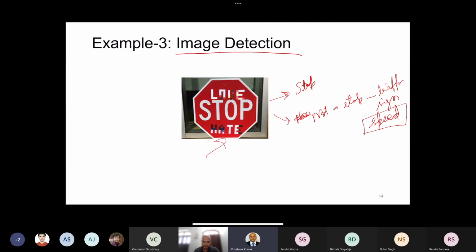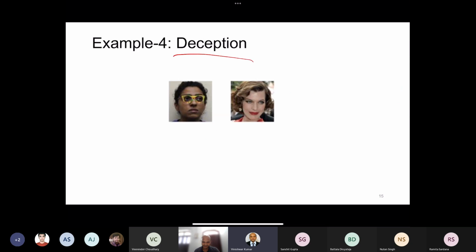So, deception. For instance, this is the face of this person. If this face was uploaded on Facebook, Facebook would have identified the person correctly.